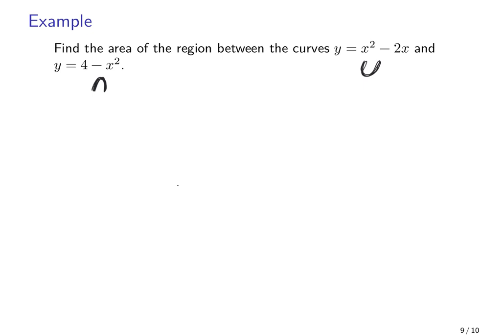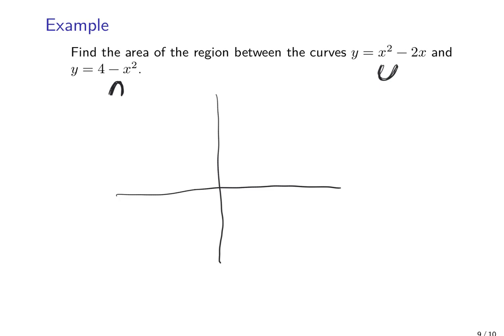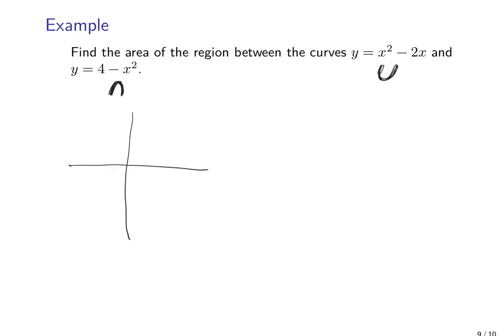So now making a figure. I'll make the figure over here a bit smaller so that we have enough space for the integral. So first curve, y equal to x squared minus 2x.